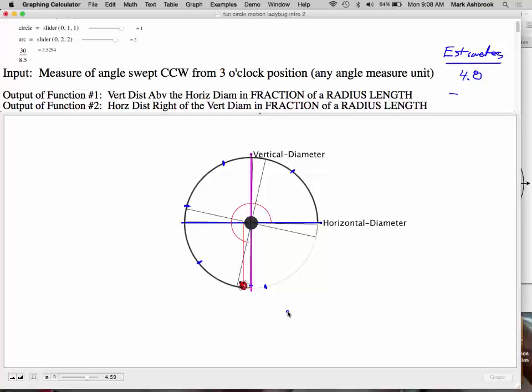It looks like it's even more than 9/10 of the way down there. But negative 0.9 definitely shows that you know what's up. But we'll just say negative 0.95 because down there at the bottom it's almost a full radius length. Okay? Horizontal distance to the right as a fraction of the radius length.